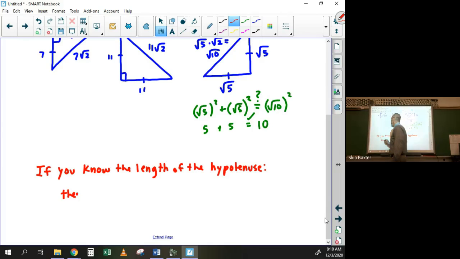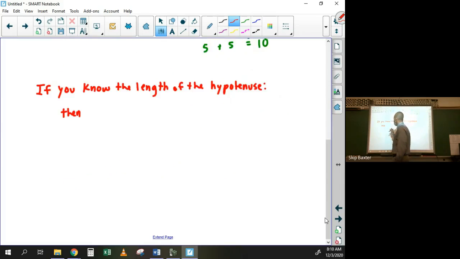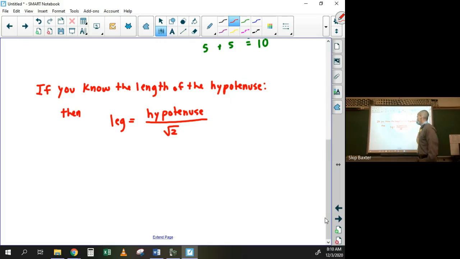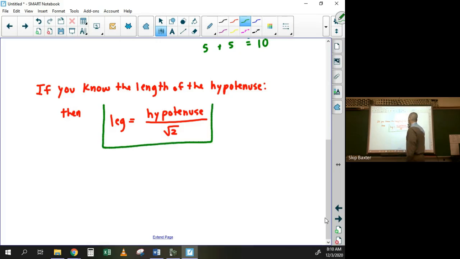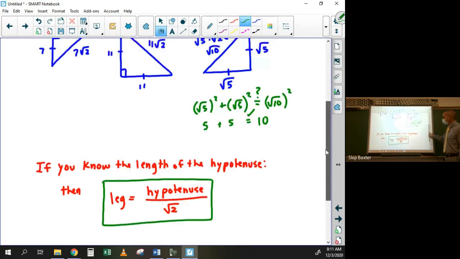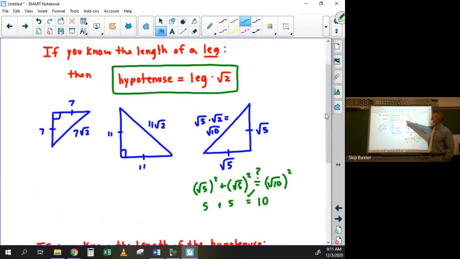Then, to find the length of a leg, the leg is equal to the hypotenuse divided by radical 2. Which, if you look at the first shortcut, it's really saying the same thing. You solve this equation for leg, you get leg equals hypotenuse divided by radical 2.